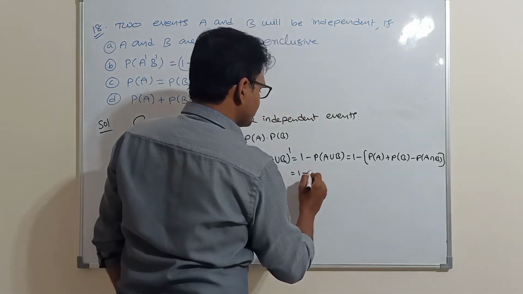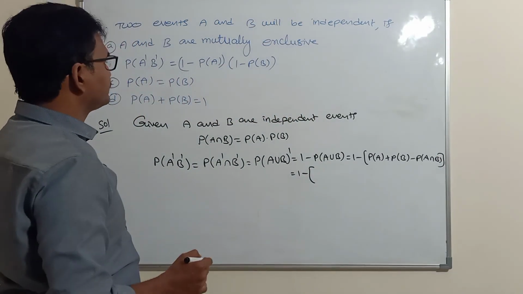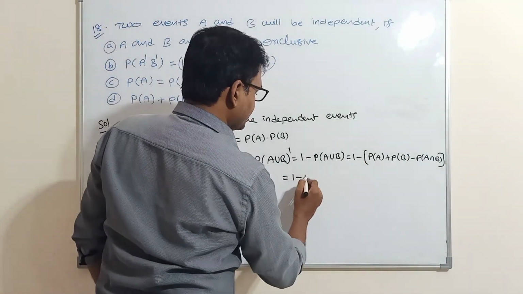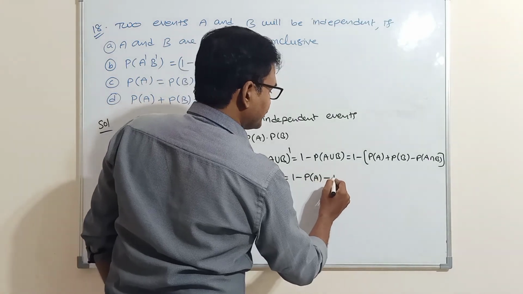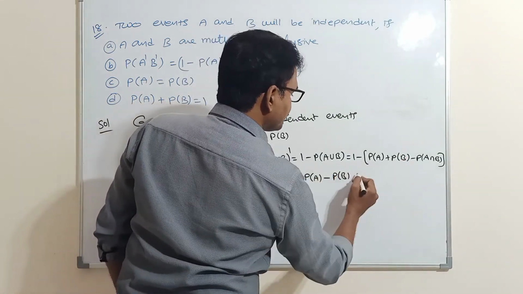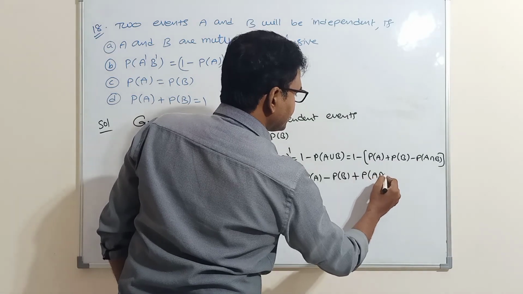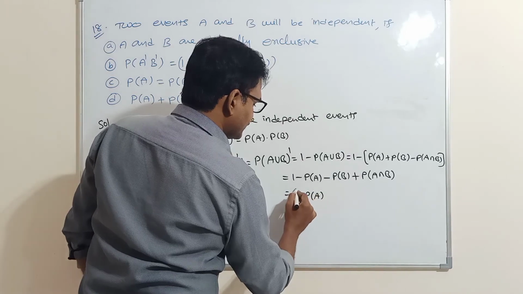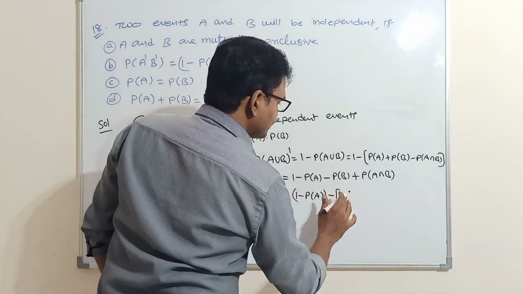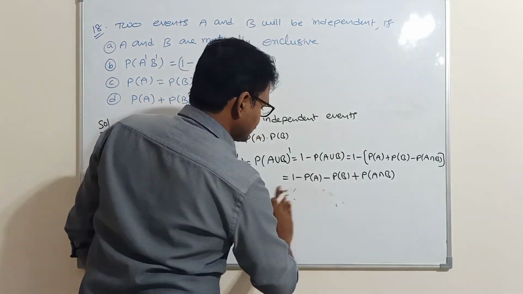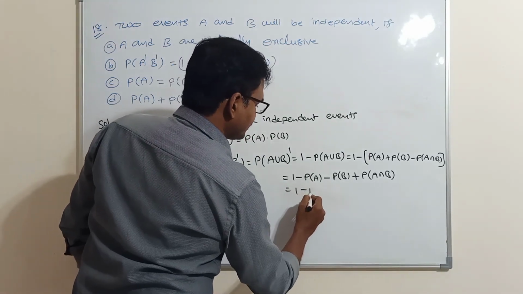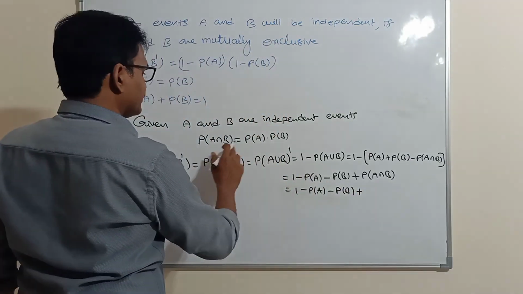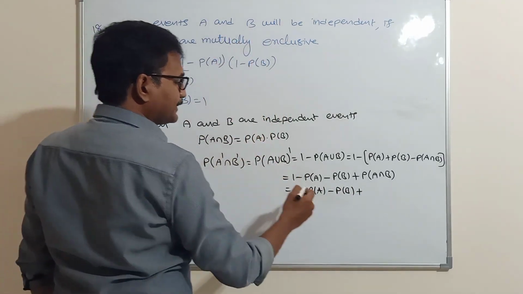So 1 minus P of A minus P of B plus P of A intersection B. Before that, replace P of A intersection B with P of A into P of B, because A and B are independent events.